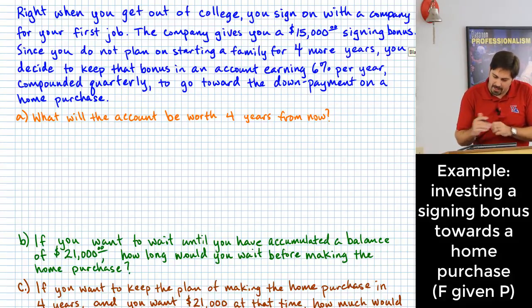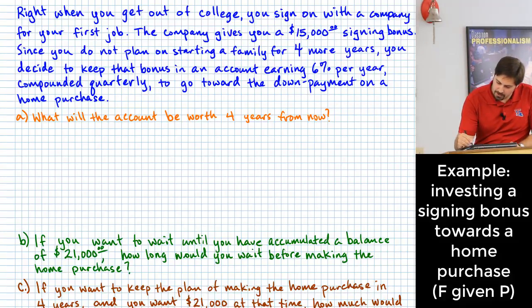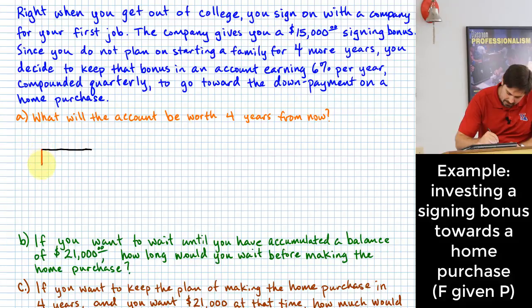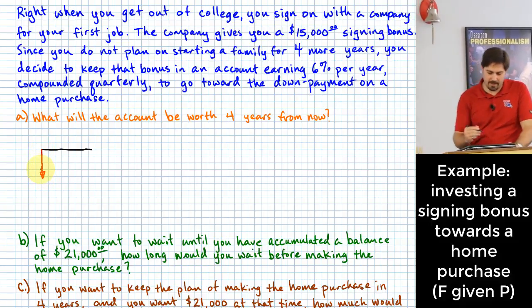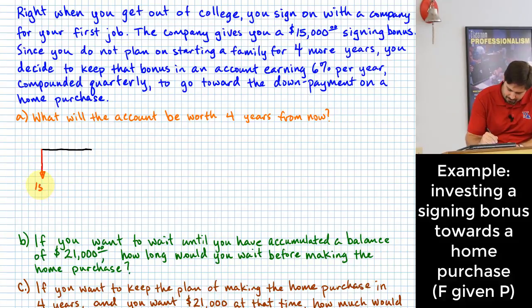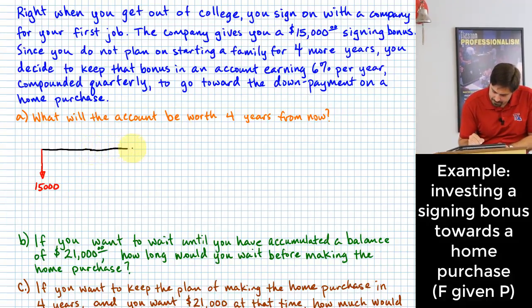We have our $15,000, which we put in the bank, which means it goes out of our pocket. Then we wait a specified number of periods.